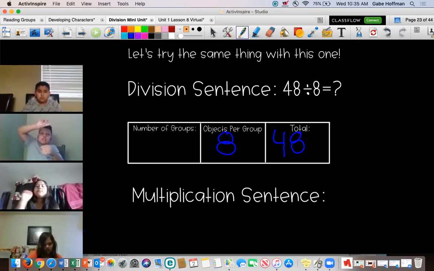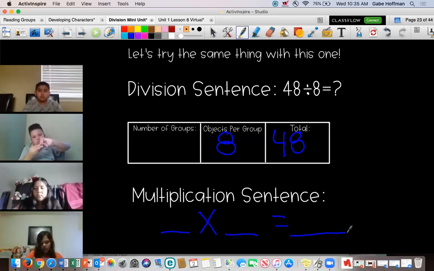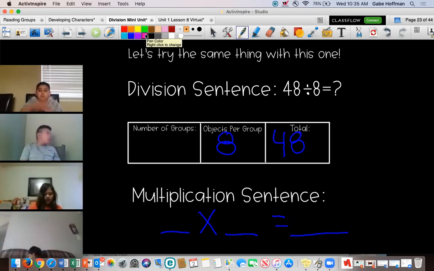No, so I'm going to make a multiplication sentence. So here, without the numbers, we would have something times something equals something. Where would I put my 48 in here? In the equal. Yep. Right here.